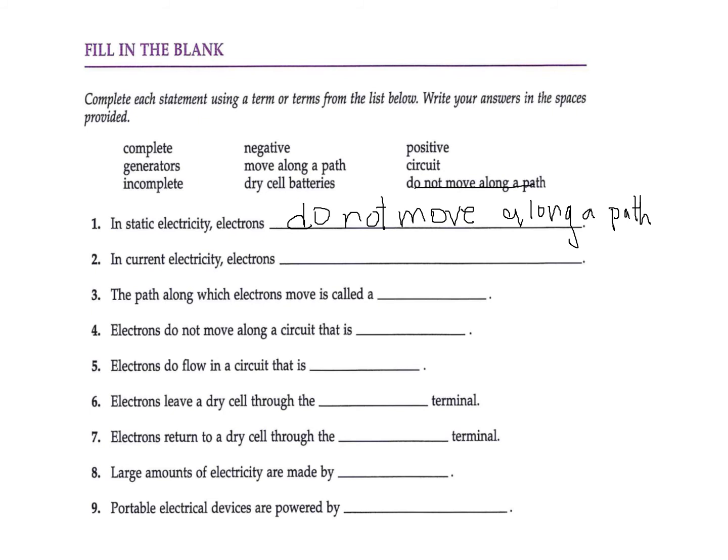So let's just cross that one. In current electricity, they move along a path. So I have a circuit along a path. So that's a circuit. So they do move along a path.